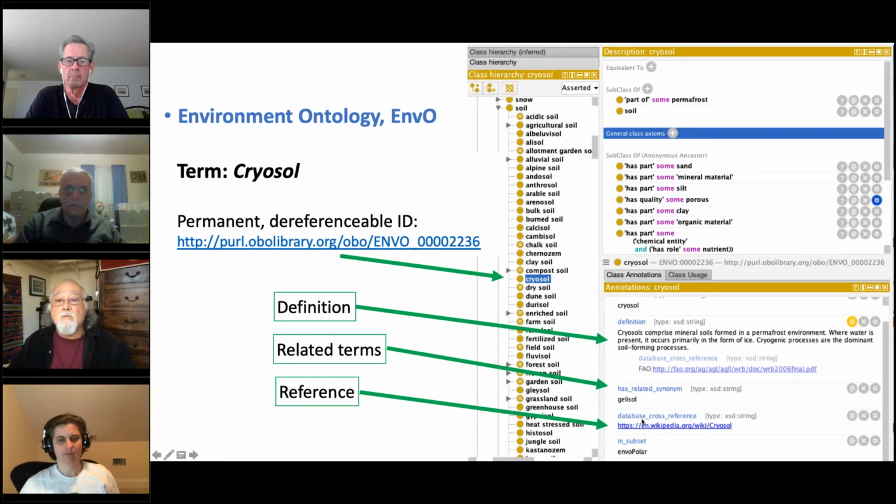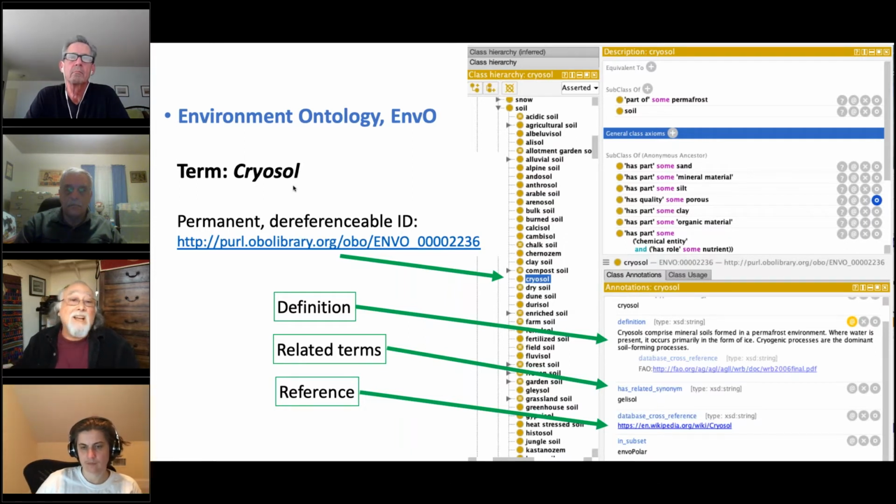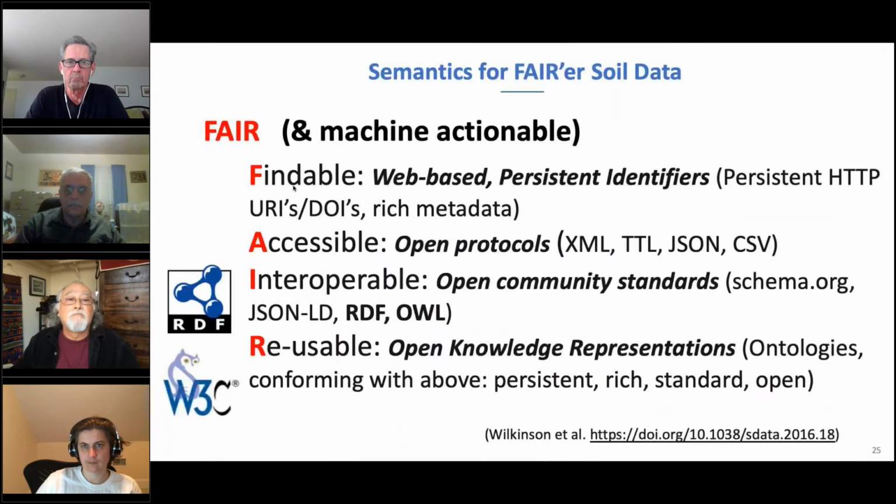We also provide a cross-reference to where we got that definition. This is all a way of enriching what would simply be a naked term, cryosol, which many of you might be familiar with, but you can imagine terms like soil, whether you're talking about lunar soil or only earth soil.